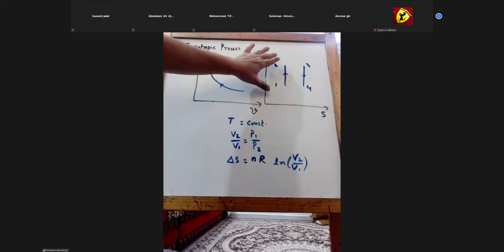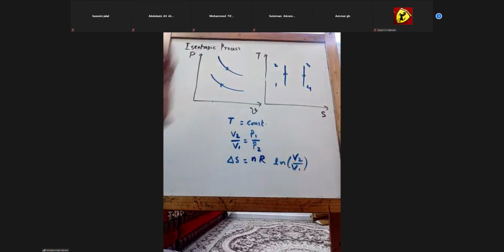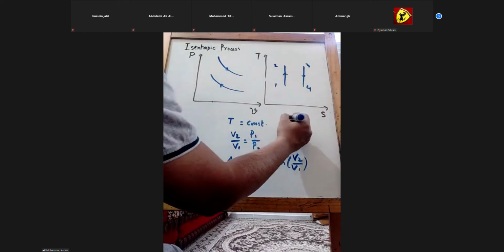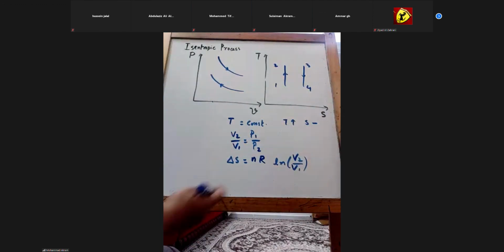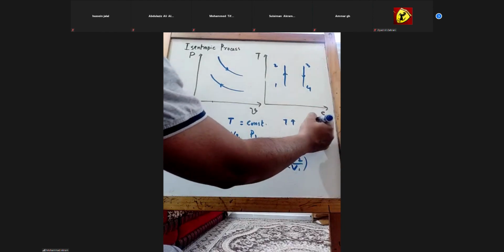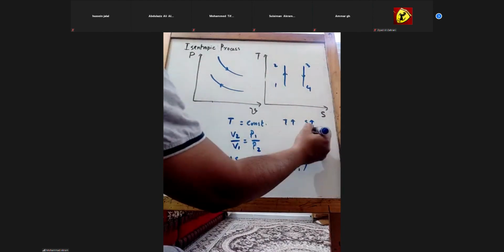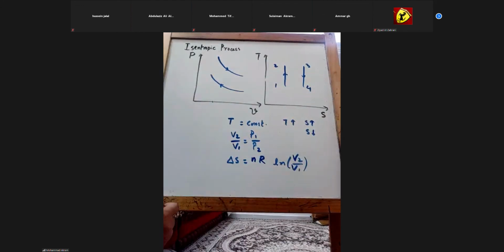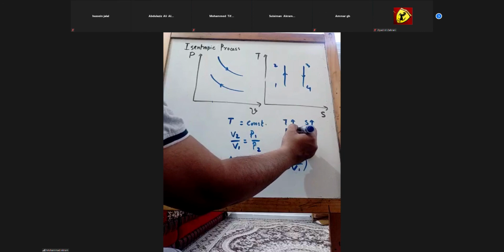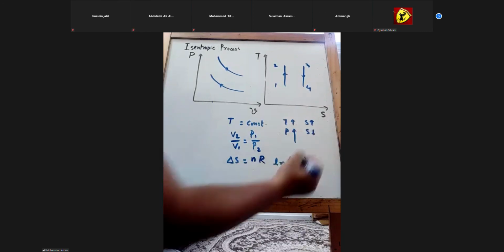First understand what is happening. From 1 to 2, temperature is increasing, but entropy is constant here, because we know that entropy increases with temperature increase, right? So we need something to decrease the entropy by the same value. What do we need to do? Increase the pressure, with a larger value.